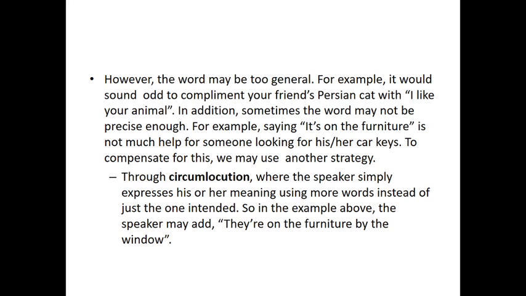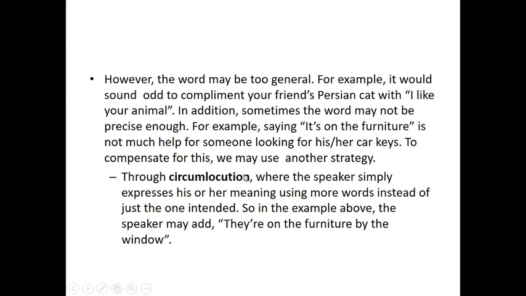However, the word may not be too general. For example, it would sound odd to compliment your friend's Persian cat with, I like your animal. In addition, sometimes the word may not be precise enough. For example, saying, it is on the furniture, is not much help for someone looking for car keys.